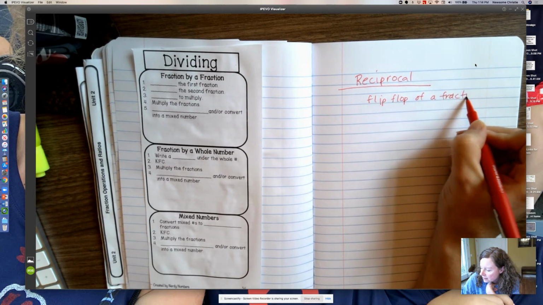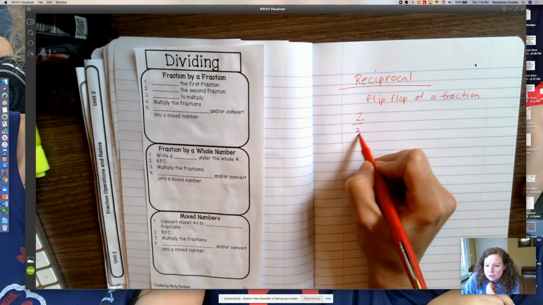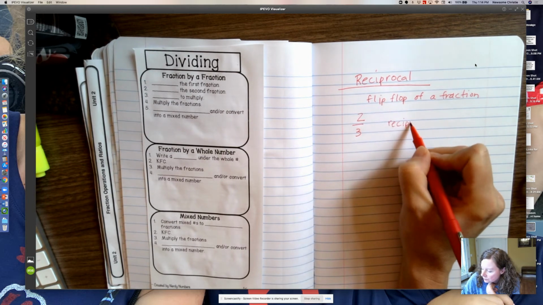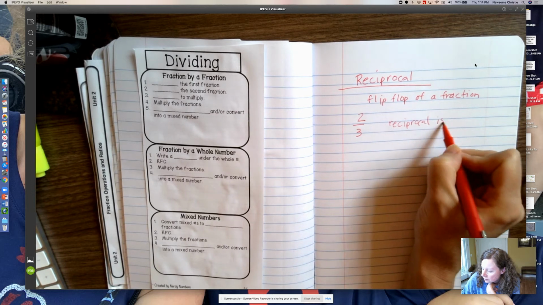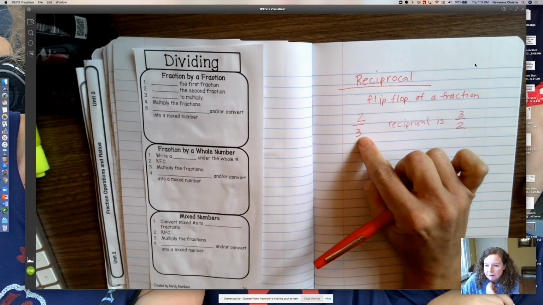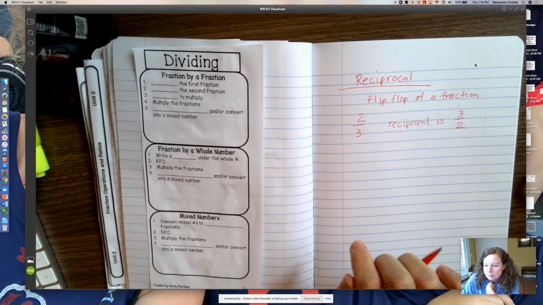I'm writing this in real kid terms, okay? So if we say the fraction 2/3, then its reciprocal is 3/2. Do you see how I flipped it? What was on the bottom went to the top. What was on the top went to the bottom, okay?